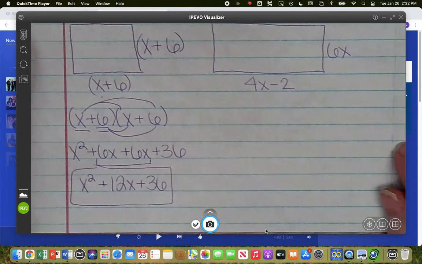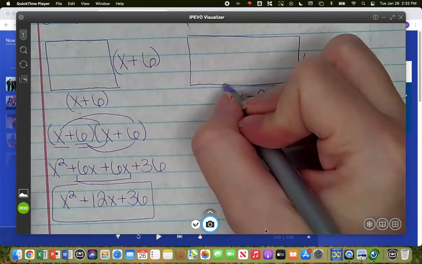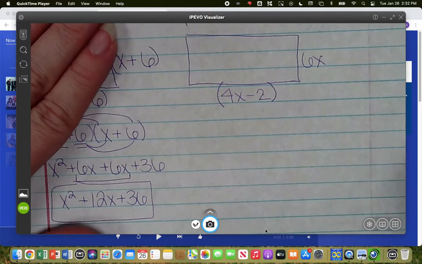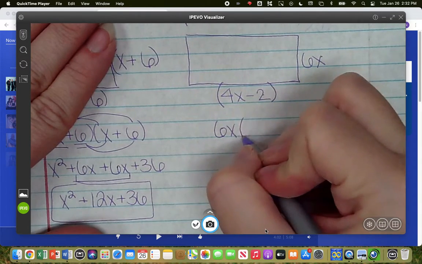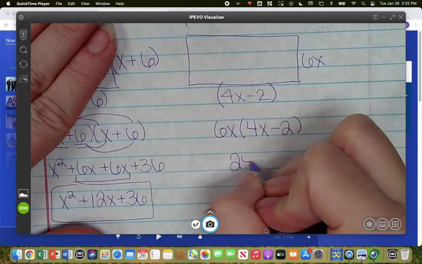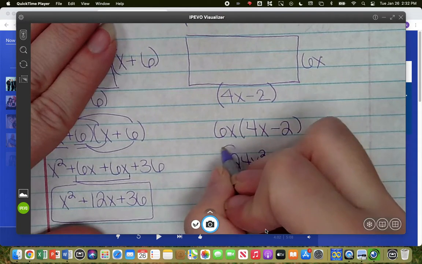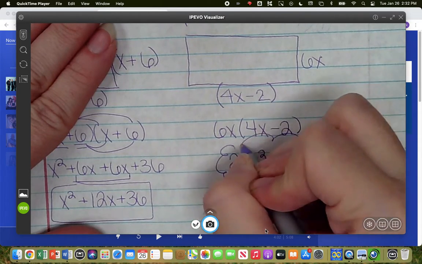Another example here. This one's a rectangle. We have length times width. Since we have more than one term, we're going to put parentheses around it. So we're going to do length times width. This time we just have to distribute once. 24x squared minus 12x. And those are not like terms because they have different powers, so we're finished.